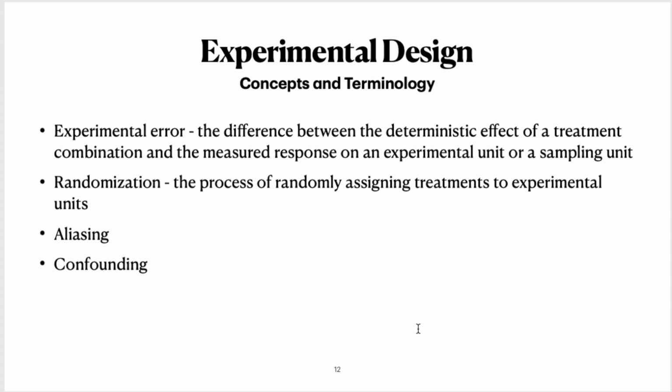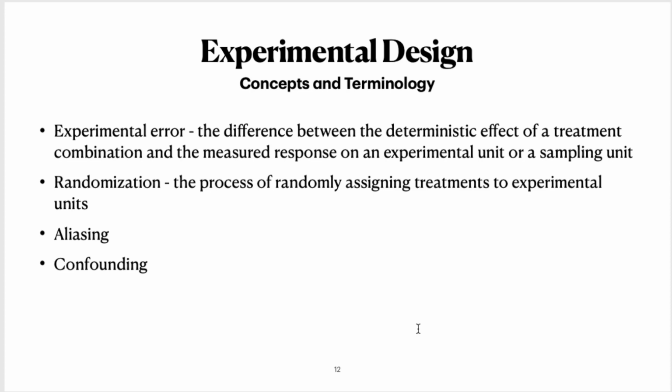Those other characteristics and features beyond the treatment combination that do impact the response variable, all of that together is the experimental error. Experimental error is the deviation between that deterministic effect that is caused by the treatment combination and what we actually measure on the experimental unit.